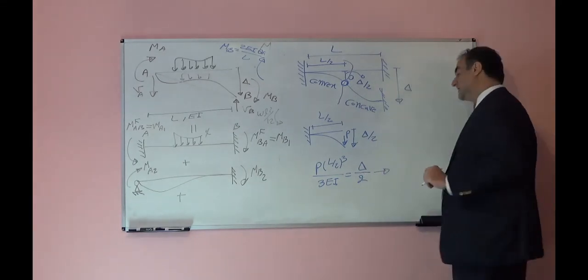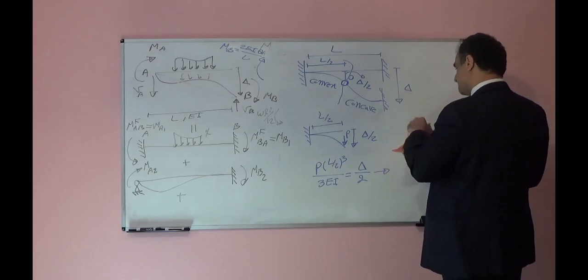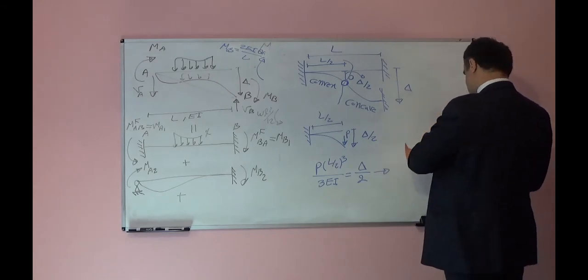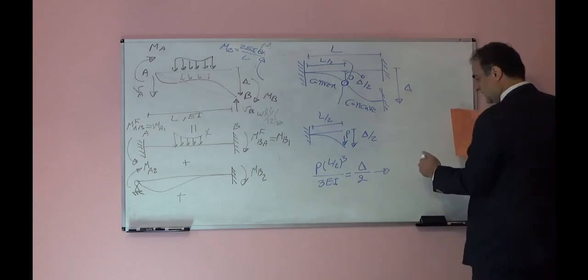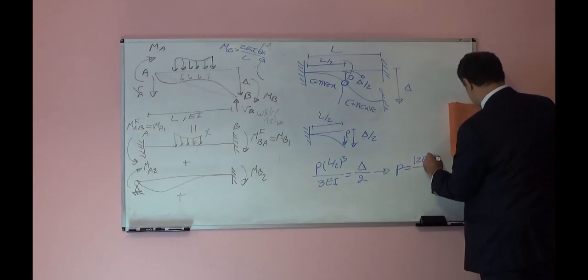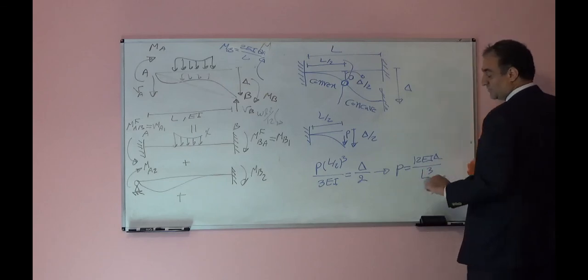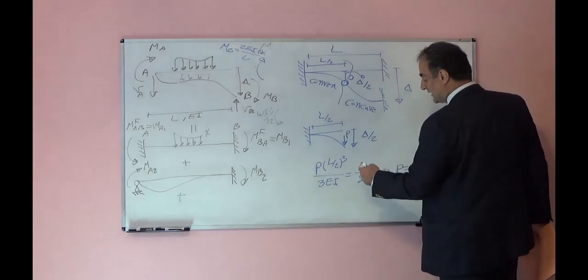From here I can find P. So from here I can write P is equal to 12 EI delta over L cube, because 2 times 2 will be 4 times 2, 8.